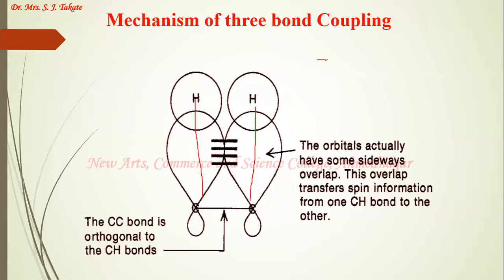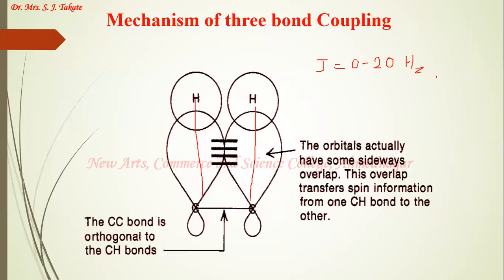The J values in this case are in the range of around 0 to 20 hertz. You will notice that the 3-bond coupling constant values are somewhat smaller than the 2-bond coupling constant values. Overall, if you see 1-bond, 2-bond, and 3-bond coupling constant values, as the number of bonds between the coupling nuclei increases, the coupling constant value decreases.